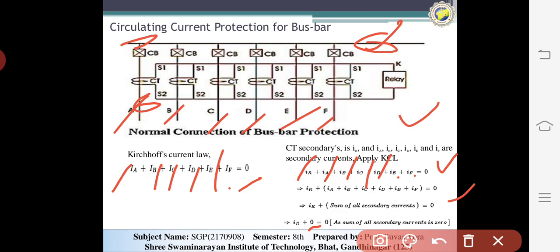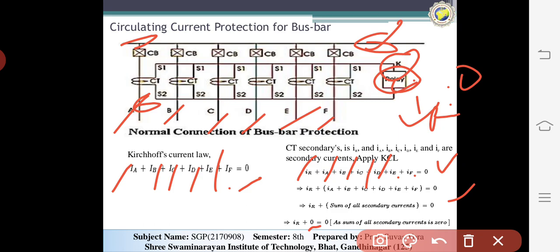So under this fault condition, applying the KCL at node K, we get IR equal to 0. That means in the external fault condition there is no current flow through the relay. Hence the sum of all contributed fault currents is equal to the total fault current.